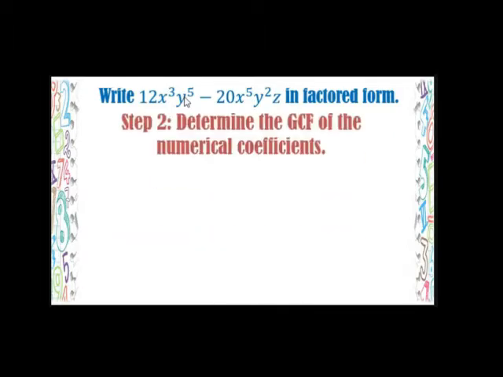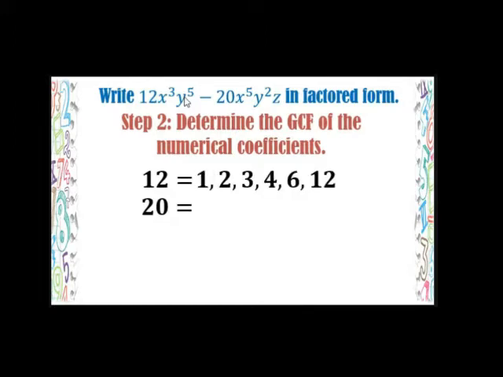Determine the GCF of the numerical coefficients. The numerical coefficient of the first term is 12. And the numerical coefficient of the second term is 20. Aside from prime factorization, you can also make a list of the factors of the given numbers, like this.